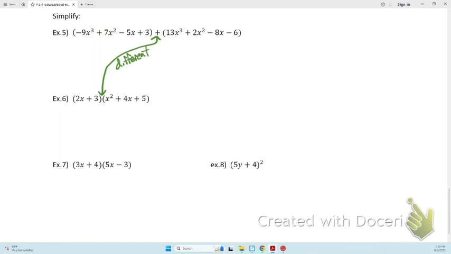So since we have a plus sign, all we have to do is add like terms. No multiplying, no distributing. Do not distribute. Because of the plus sign.